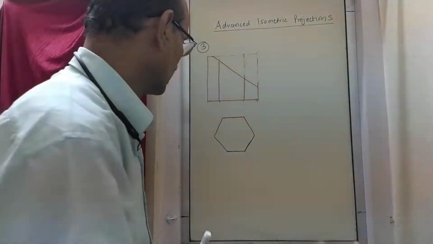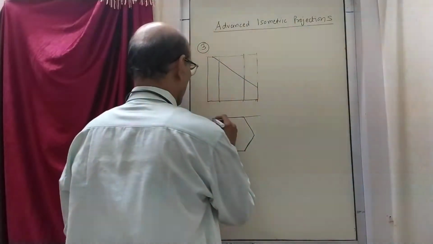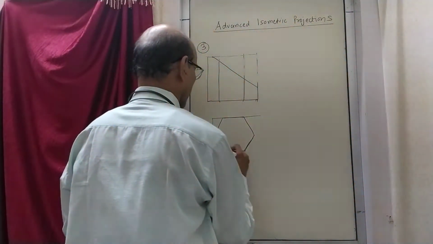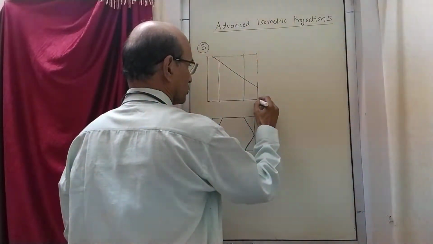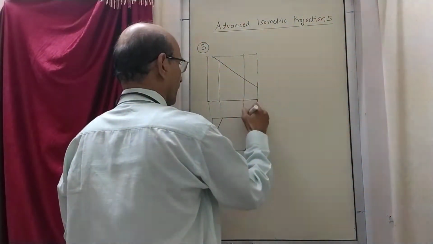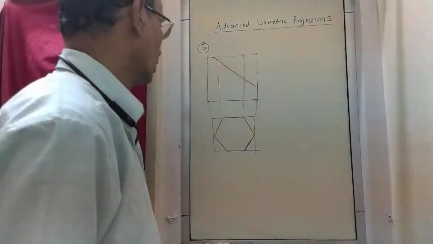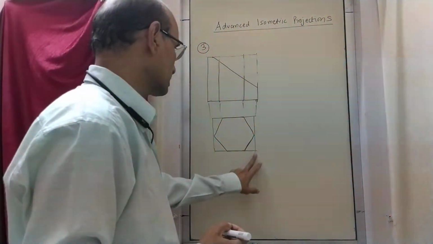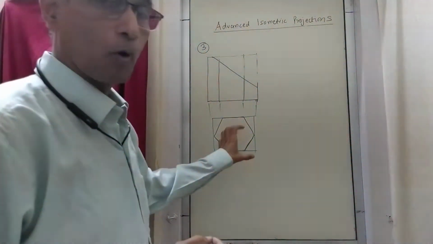First thing is you have to enclose this in a box. Okay, I have not drawn properly, it should be here. So let's first enclose this in a box like this, and then let us try to draw this box first.